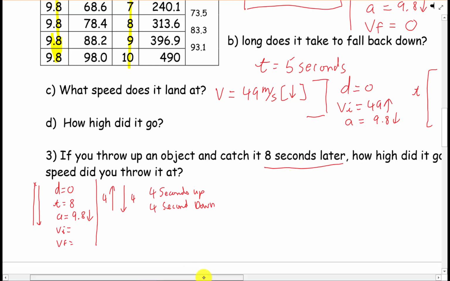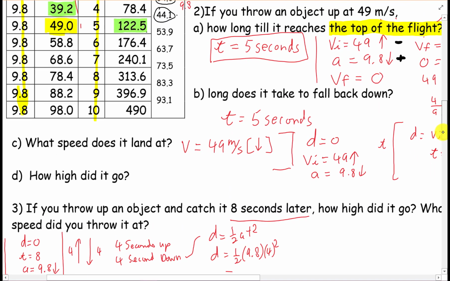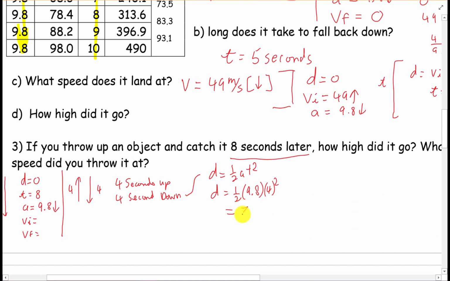Okay? And then how high did it go? Well, you use this and you go d equals 1/2 at squared. The distance is 4.9. Well, actually, I don't want to skip that step today. 1/2 times 9.8 times 4 squared, and we get 78.4.